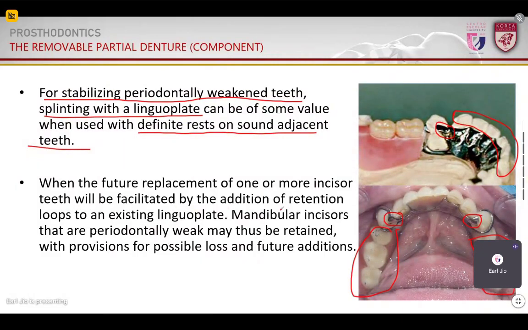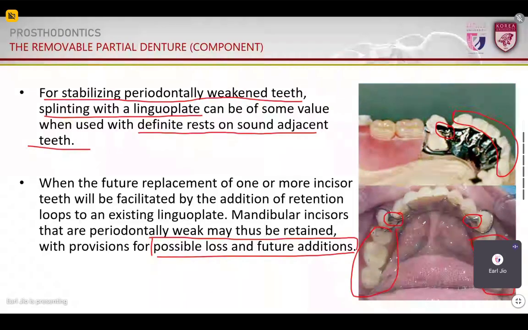And also, its indication is when the future replacement of one or more incisor teeth will be facilitated by the addition of retention loops to an existing lingual plate. Mandibular incisors that are periodontally weak may thus be retained with provisions for possible loss and future additions. So this is one of the best advantages of our lingual plate design of our major connector in the lower arch.